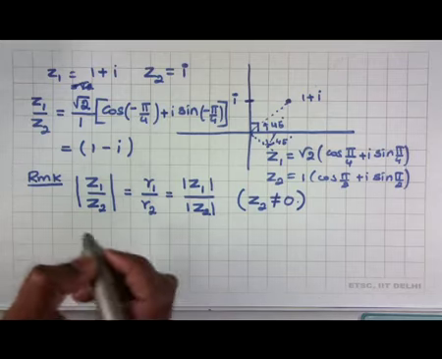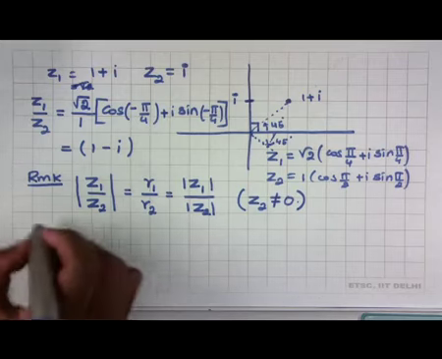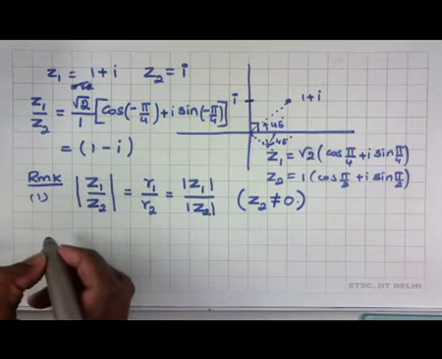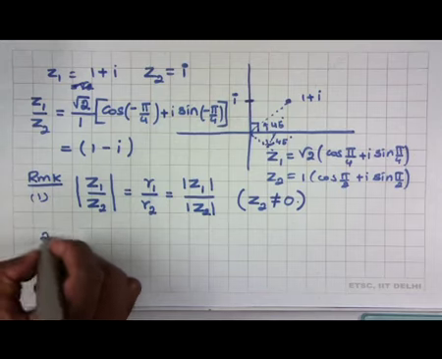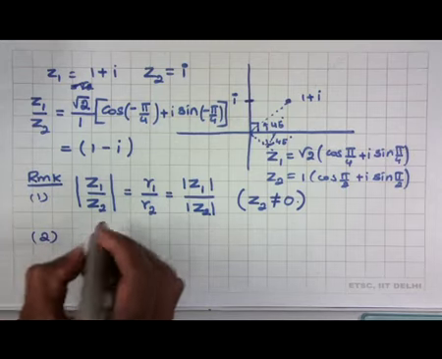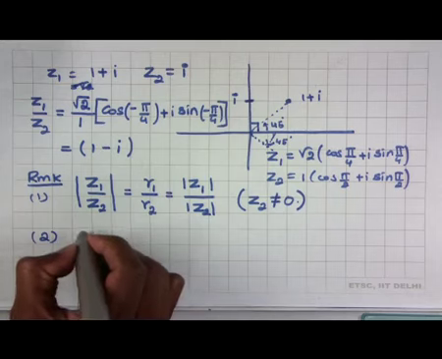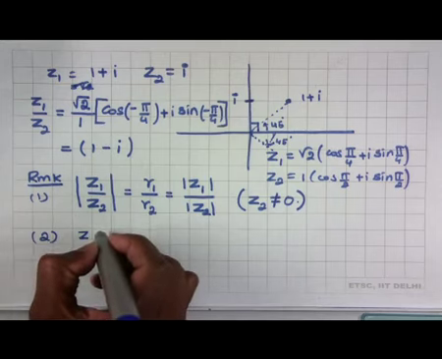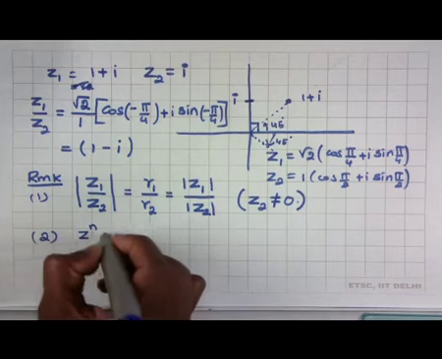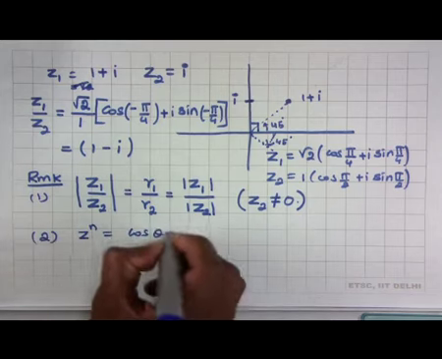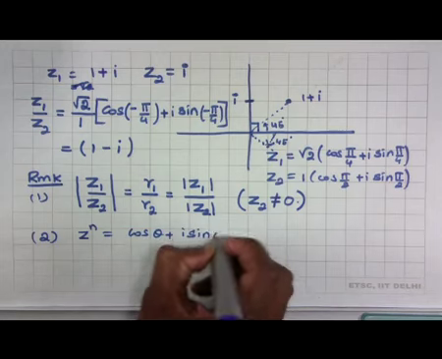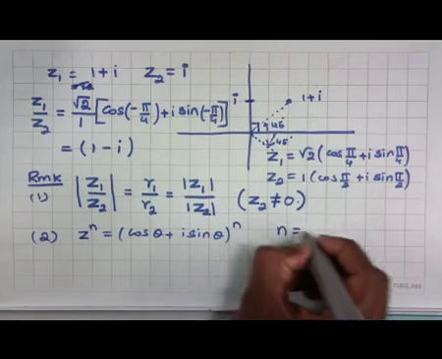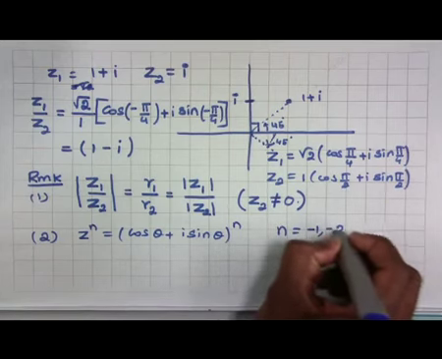And one more remark, which extends the De Moivre's formula. When we are considering z power n, we are going to see cos theta plus I sin theta, with n being minus 1, minus 2.